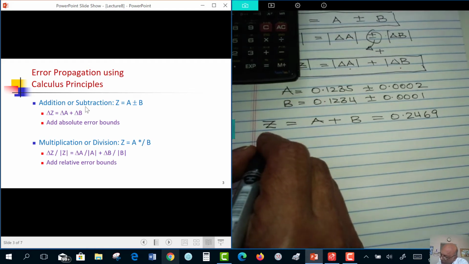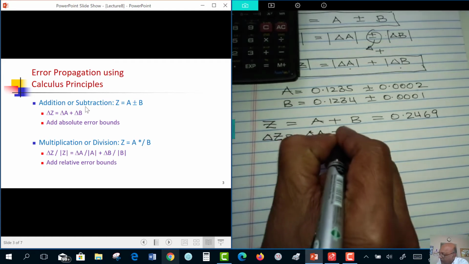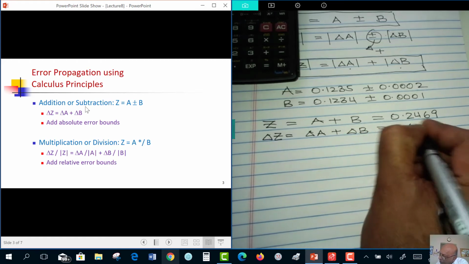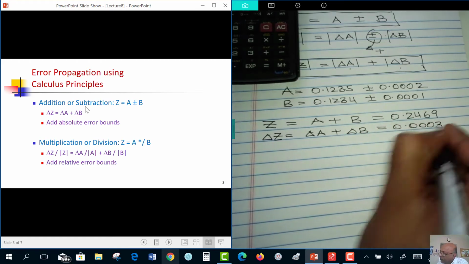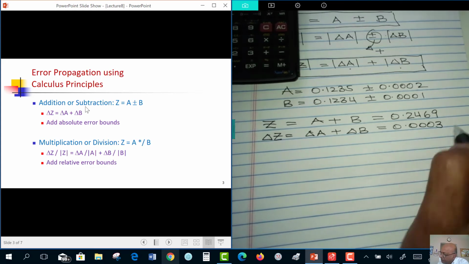Now we also just derived that delta Z is delta A plus delta B. So that will come out to be 0.0003. So you can see that absolute error bounds added up.